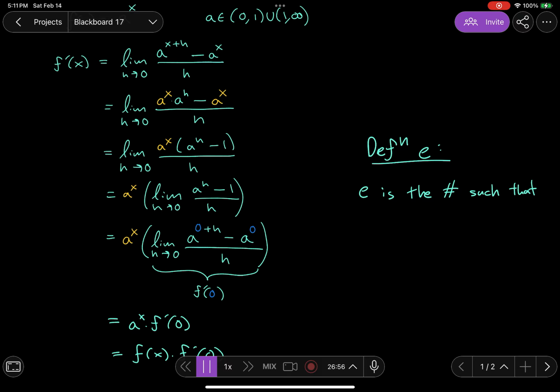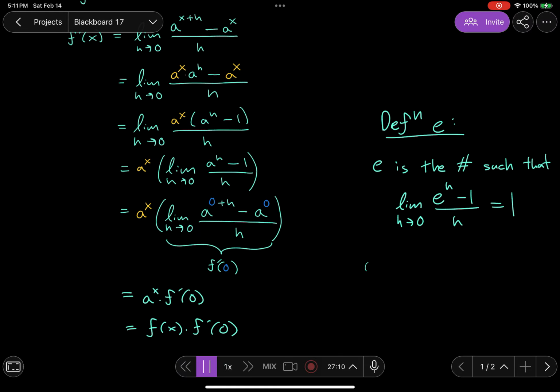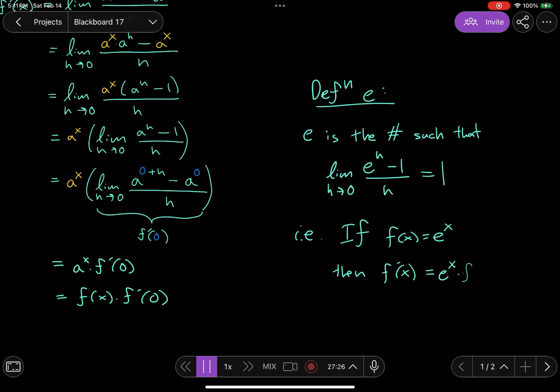So to write that down, in other words, if f of x is equal to e to the x, then f prime of x is equal to e to the x times f prime of 0, but we just chose e so that f prime of 0 is equal to 1, e to the x. All right, huge.